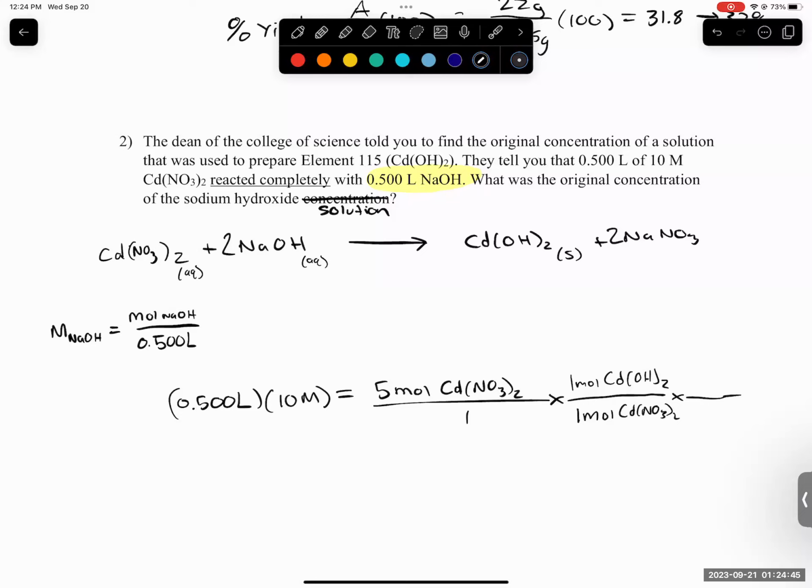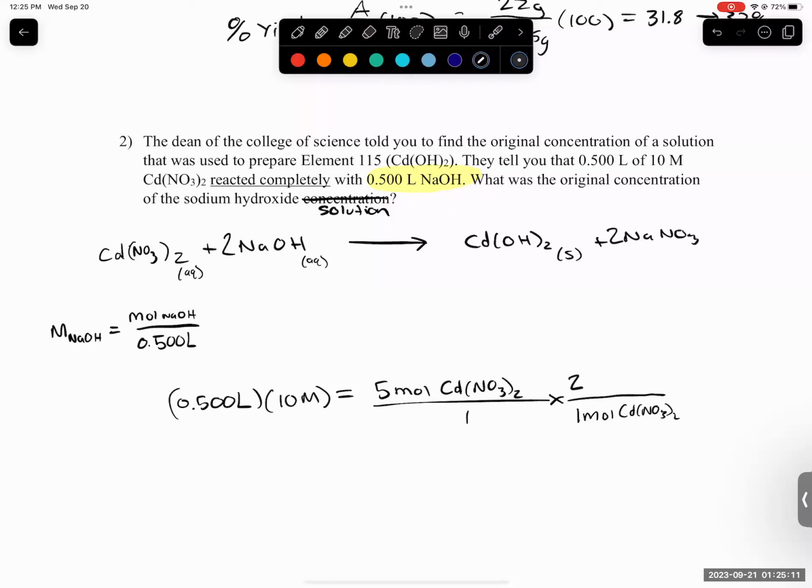I'm just writing it out for people that want to see the units cancel out. And then we can stop right there, because our desired unit is moles of sodium. I did something wrong. This would be sodium hydroxide.